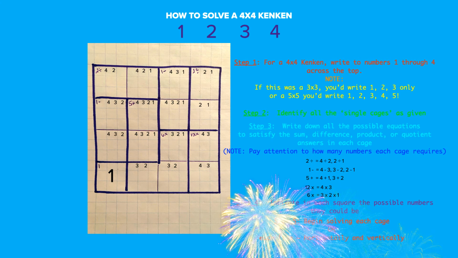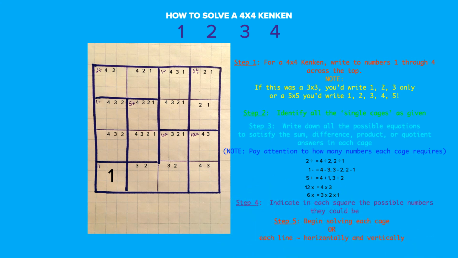So in step 5, my final step, however there are quite a few steps within, you begin solving each cage or each line horizontally and vertically. So here I'll explain as I go along. The first thing that I notice right away is that my product of 6 has the 3 and the 2 in the bottom row.